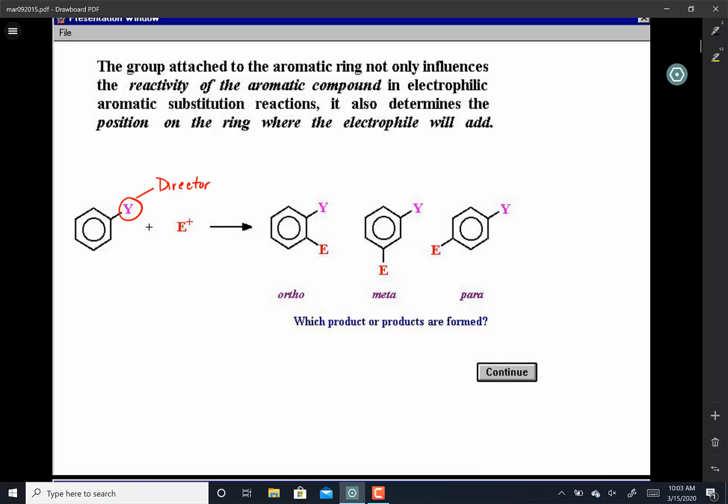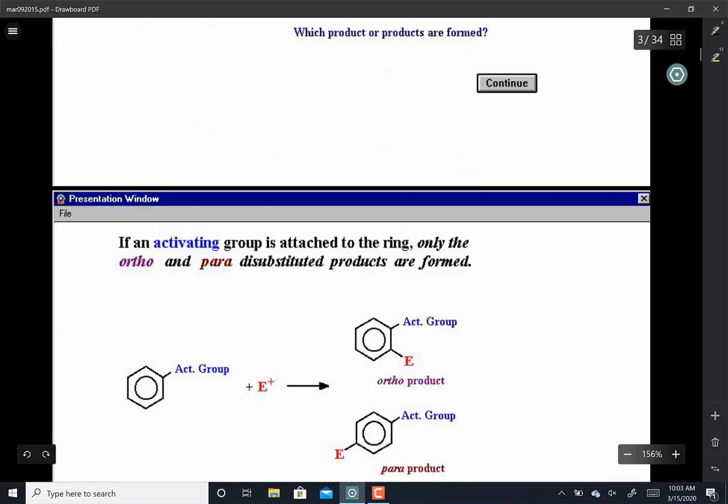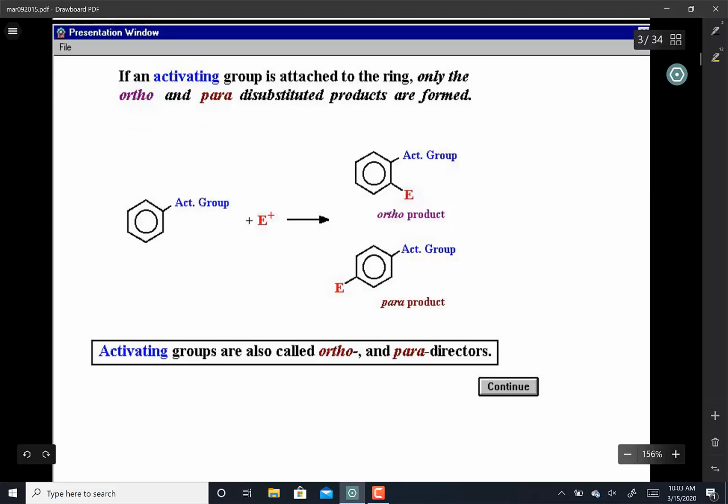And as we saw last week, if this was just random, we would say, hey, this is random, let's move forward, but it's not. What we find is that if you have an activating group, the activating group will cause the electrophile to go to the ortho and the para positions.